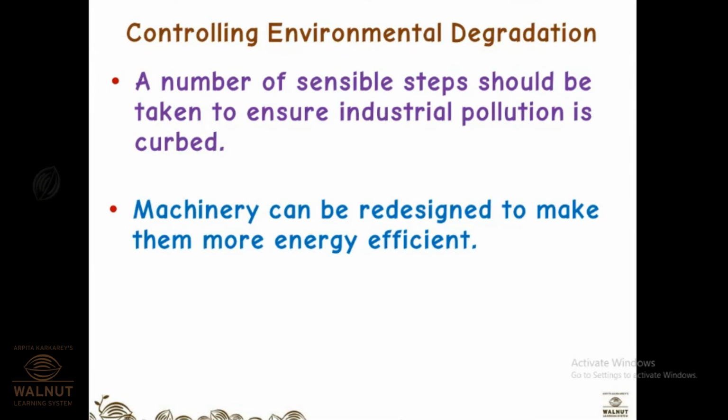I'll explain this point in relation to question number 1 that is asked in the assignment. Question number 1 is: how has the ever increasing number of industries in India made the position worse by exerting pressure on existing freshwater resources? So this is a part of that answer. Industries make a lot of use of electricity.